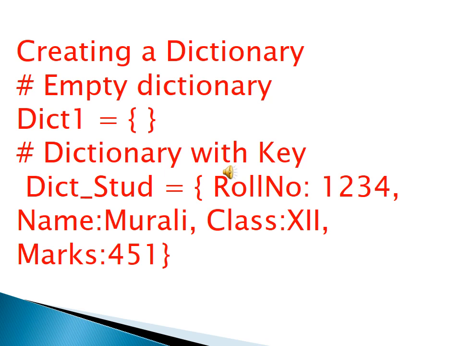If you have a lab or a system, you should download IDLE Python, so do your programs properly. Student equal to roll number 1, 2, 3, 4. Now you should give your name, class, and marks, whatever you want. This is the dictionary with key.